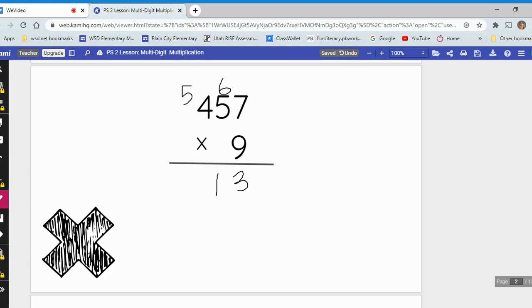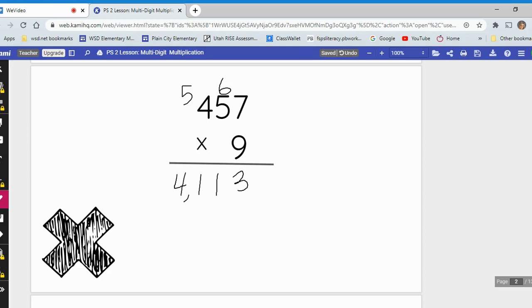Carry that 5. 9 times 4 is 36. Plus 5 more gets me 41. And then we add our comma into our tens place. So when we're multiplying, this is a 3-digit by a 1-digit. It just really is our basic math facts that will help us with this process.